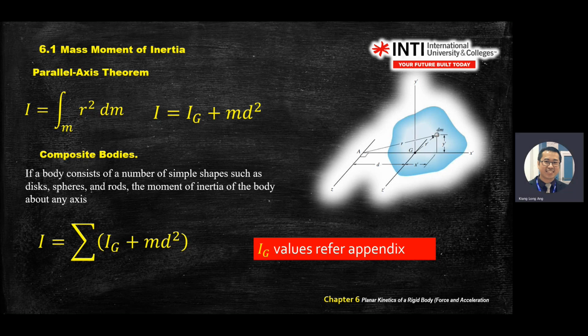So for the first object, your D can be 0, but for the second body, you're measuring from this to here. So your D will be referring to that one. Okay. So again, this equation you learned in your statics already. And you passed your statics, so I assume you are already an expert in this one.